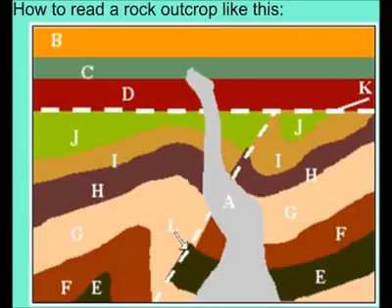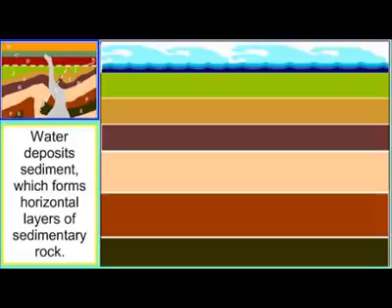So when I look at a rock outcrop like this, I'm going to attempt to tell you how I would tell the story of this. We know from the principle of original horizontality that water deposited the sediment and it formed horizontal layers of sedimentary rock that might have looked like this. And you can see the water on the top.